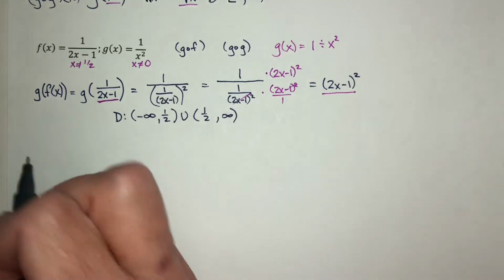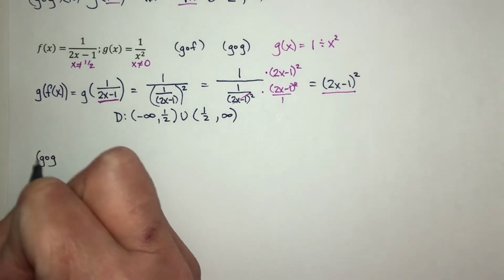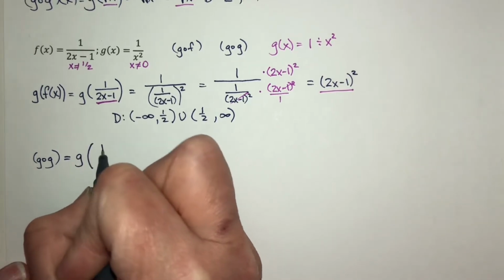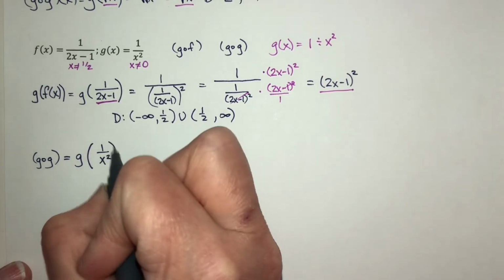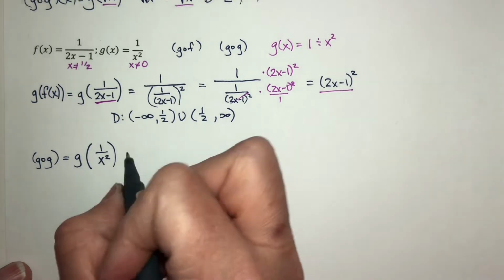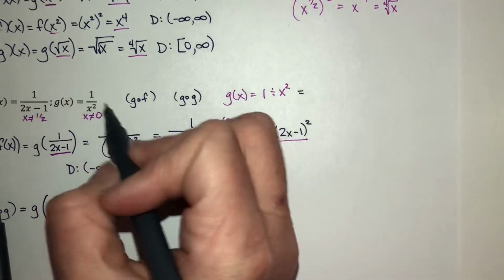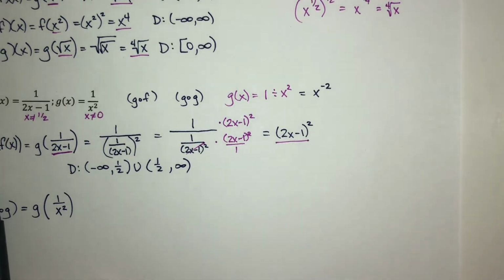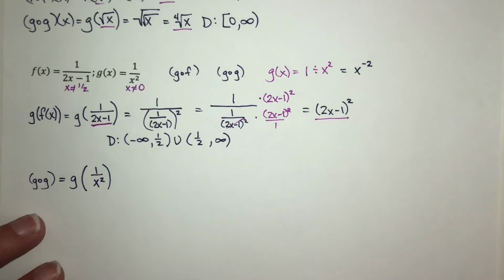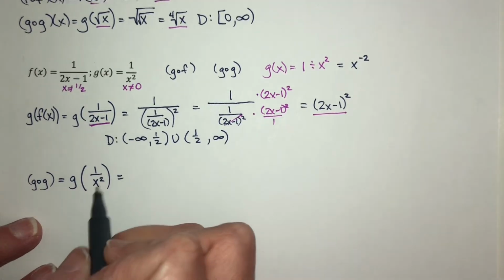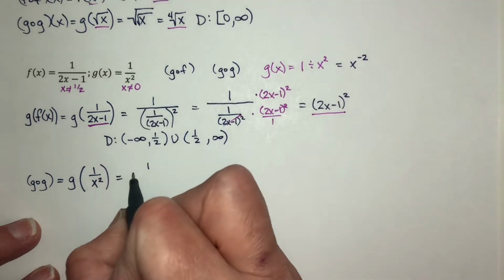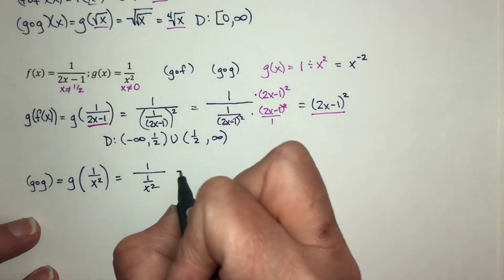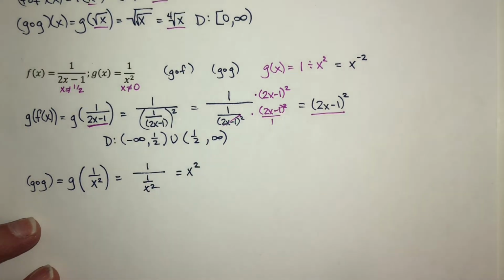Now let's do g composed with g. So this is g of 1 over x squared. Another option would be to write 1 over x squared as x to the negative 2. Just depending on what makes your life easier. So this would be taking this, plugging it in here, 1 over x squared, which is simply x squared.